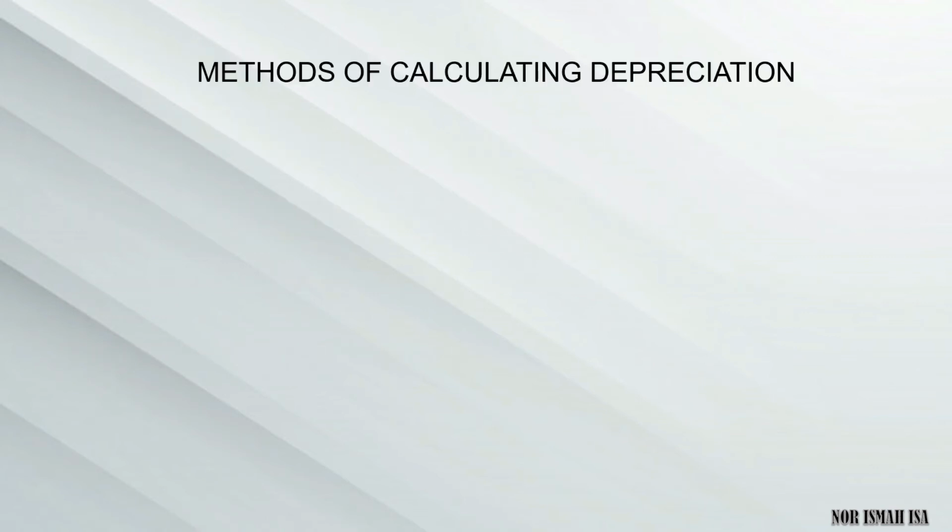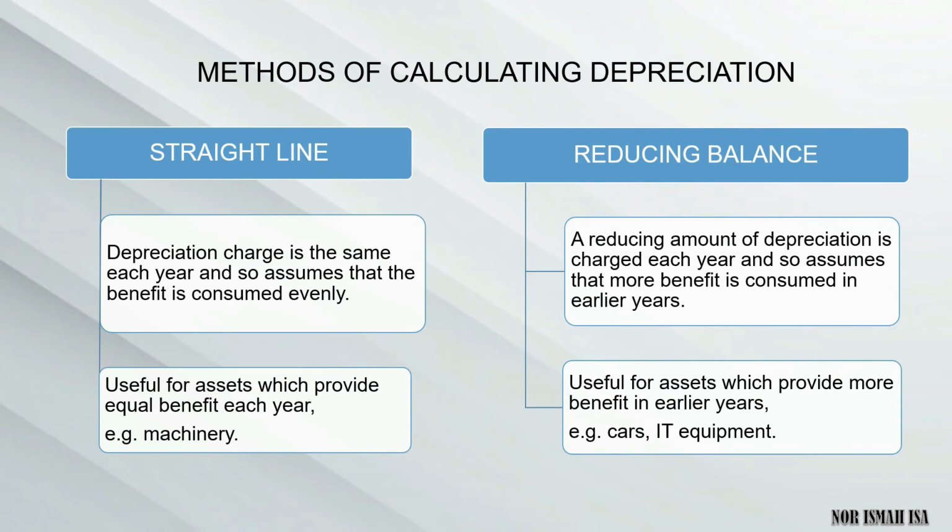Methods of calculating depreciation: we have two methods here. One is straight line, the other is reducing balance. For the straight line method, the depreciation charge is the same each year, and it assumes that the benefit is consumed evenly. Useful for assets which provide equal benefit each year, for example machinery. For a machine, the daily capacity is consistent.